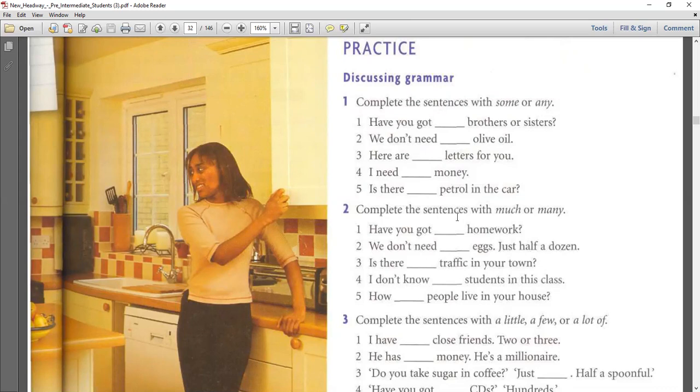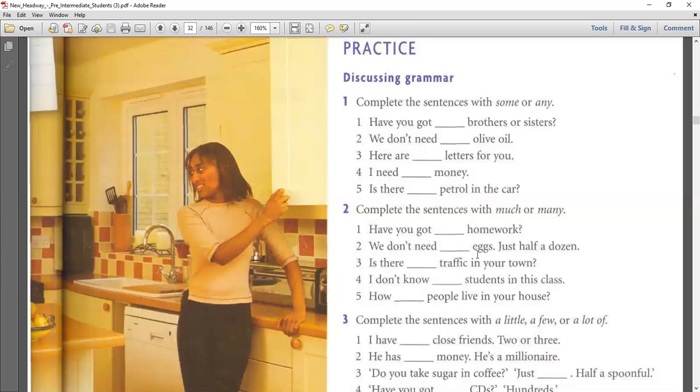Complete the sentences with much or many. Have you got much homework? Much. Why did we use much? Because the word homework is an uncountable noun. We don't need many eggs. We have eggs. This is a countable noun.